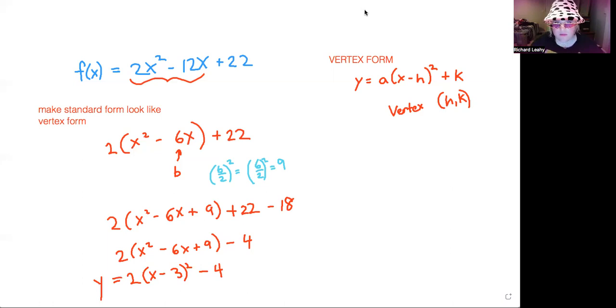Let me see if I can come up with another example of that. Standard to vertex form. I shall make up an equation and see how it works.